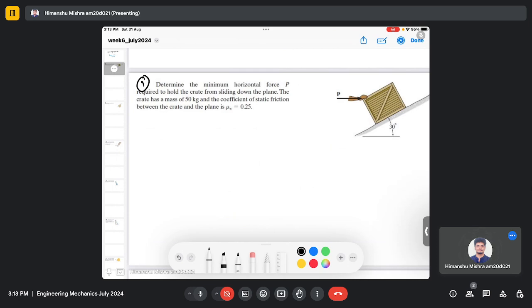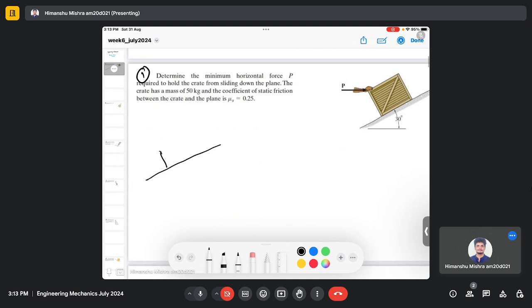So let's make a free body diagram first. So this is force P, this is 30, and this is weight.